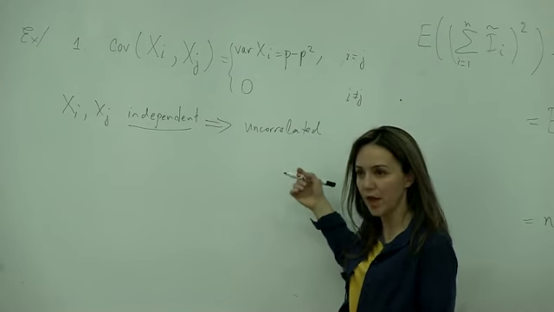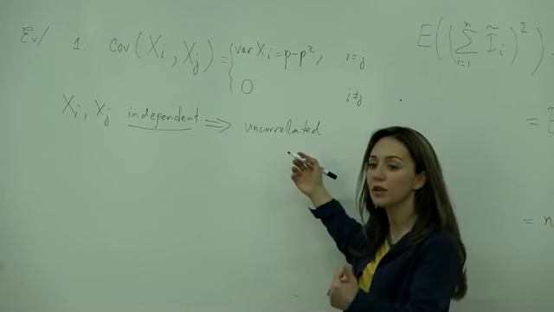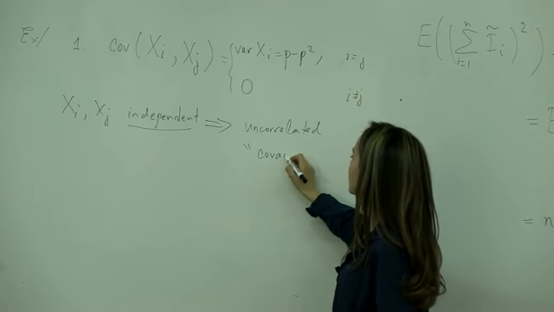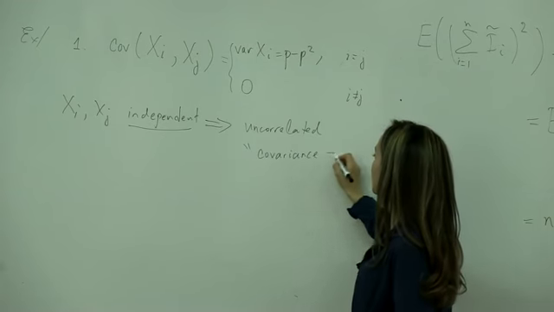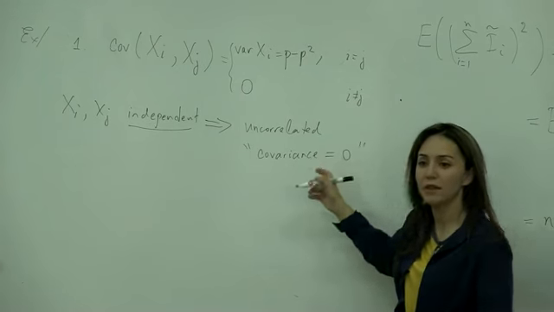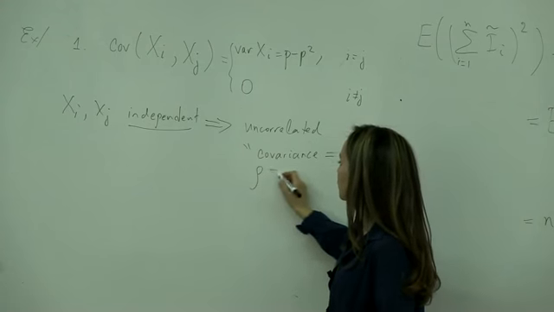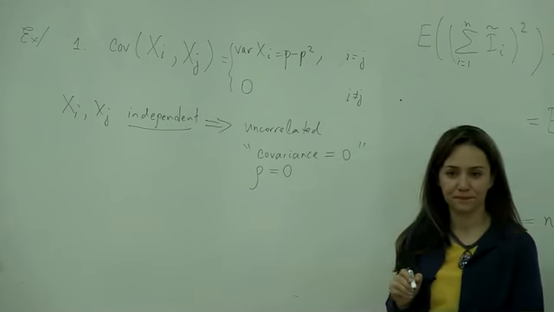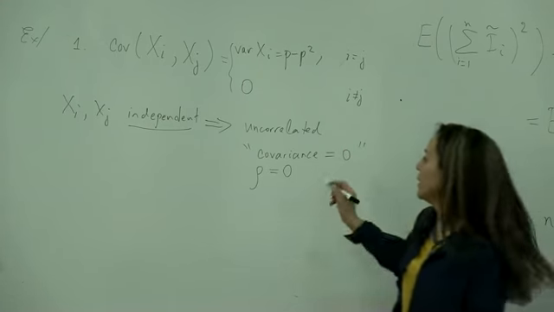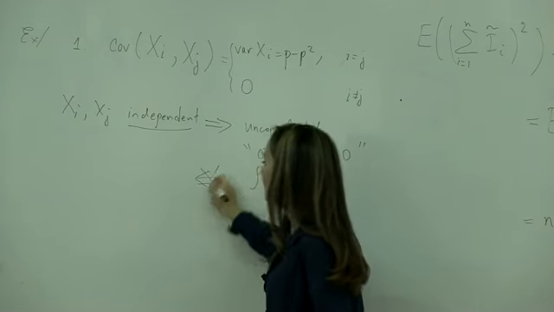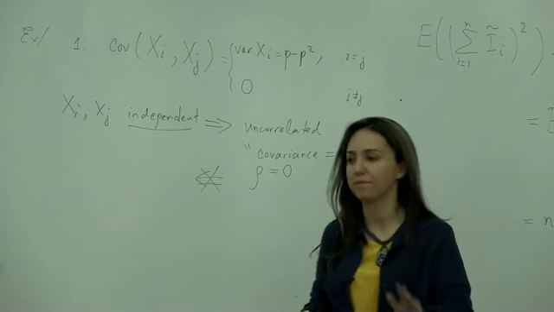Independence implies uncorrelatedness. Uncorrelated means the covariance is 0, and the correlation coefficient rho is 0. The implication doesn't go the other way, and we've given examples if you remember.